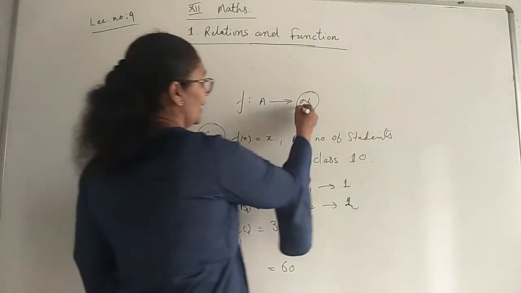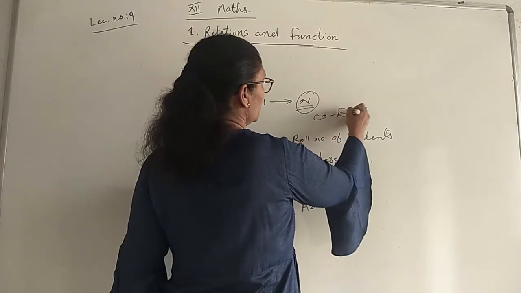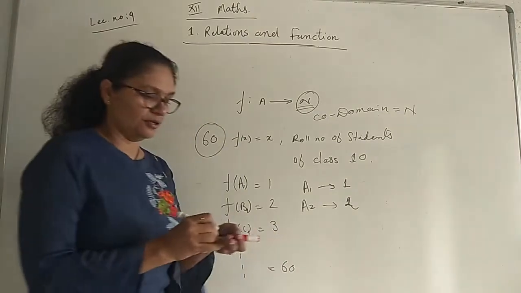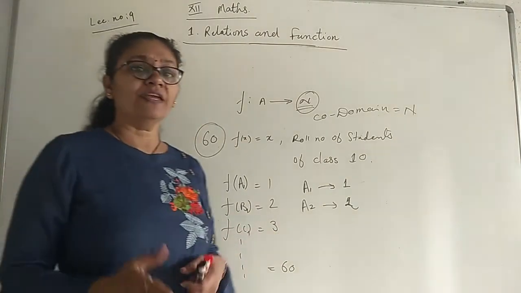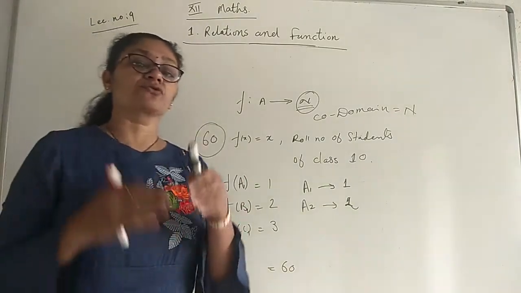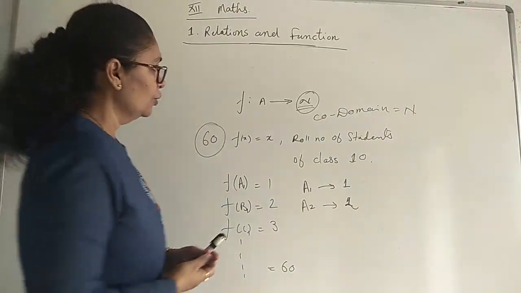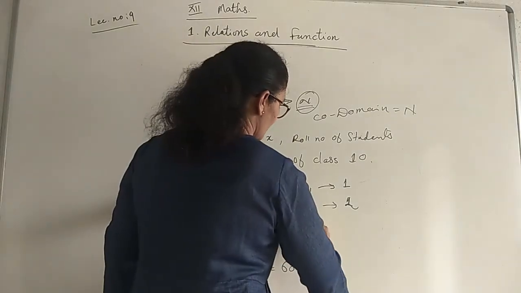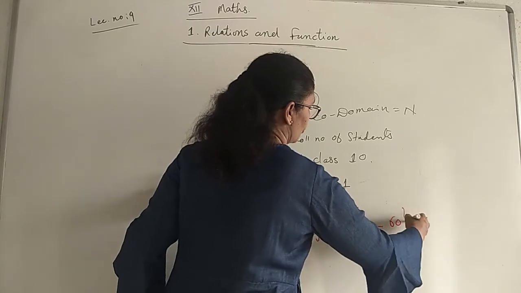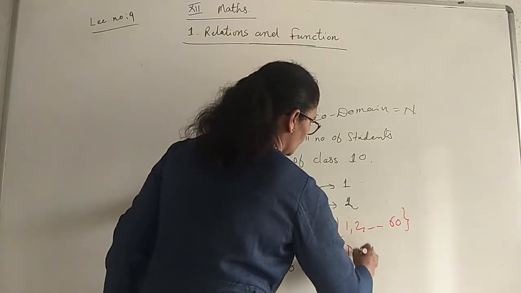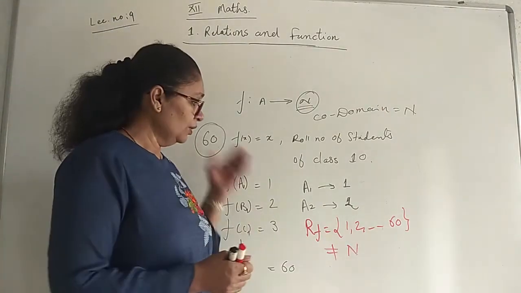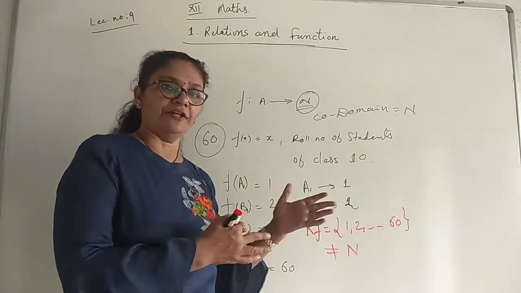But your codomain is N. What is your codomain? Codomain is N, the set of natural numbers. But in a class, we cannot consider N students. We have a maximum of 60 students or 50 students or 100 students. So for the range of the function, suppose there are 60 students, then 1 to 60, which is not equal to the set of natural numbers, because in the set of natural numbers we have infinitely many numbers.